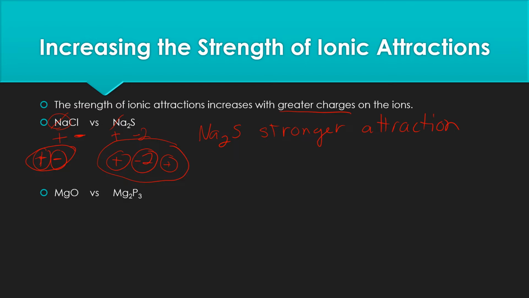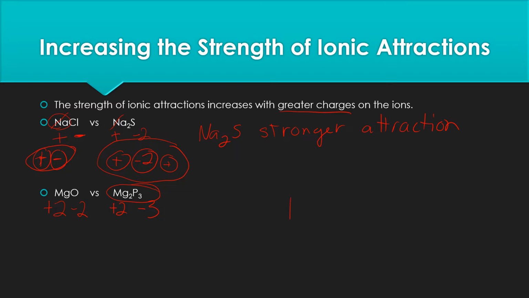In this next one, we're comparing magnesium. They both have a positive 2 charge because they're in group 2. And then we've got oxygen, which is in the same group as sulfur, so it's negative 2. And then phosphorus, that's in group 15, it has a negative 3 charge. So again, the Mg3P2, the magnesium phosphide, would have a stronger attraction between the ions because it has greater charges.